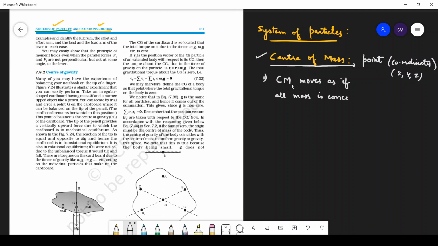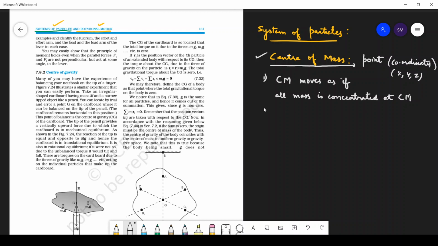And what's the center of mass? What's this point? This point moves as if all mass is concentrated. All mass of the body, all mass of the particles is concentrated at it, at center of mass.